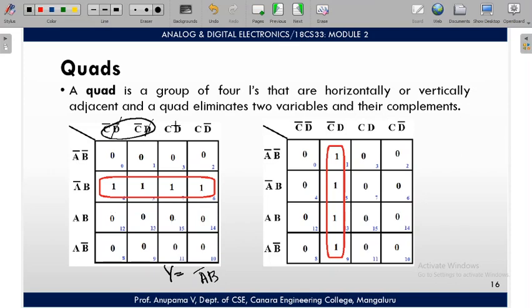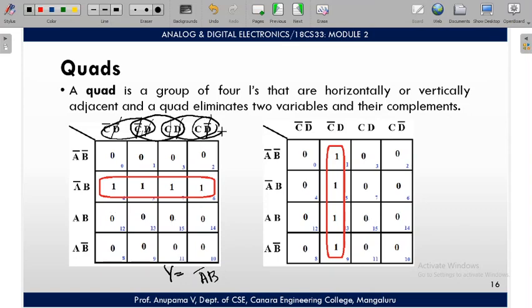If I see the next two terms in the column, I can see C changing its form from C bar to C. So C and C bar get eliminated. And if I see the next two terms, I can see D changing its form from D bar to D. So D and D bar get eliminated.